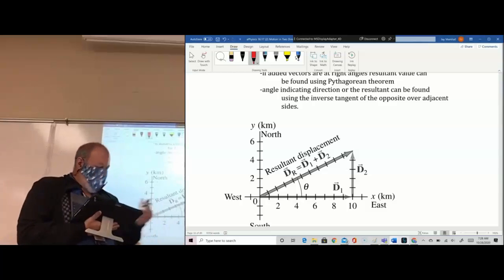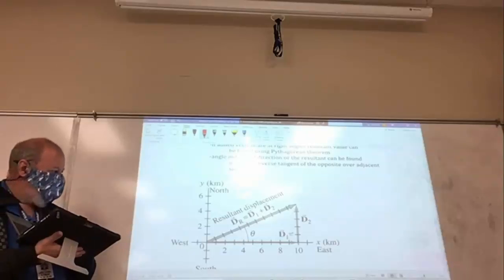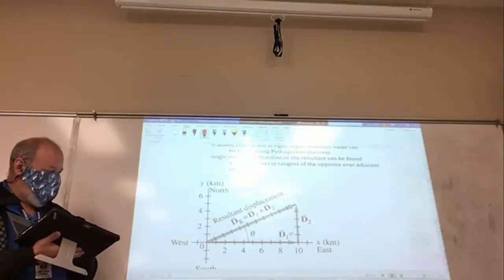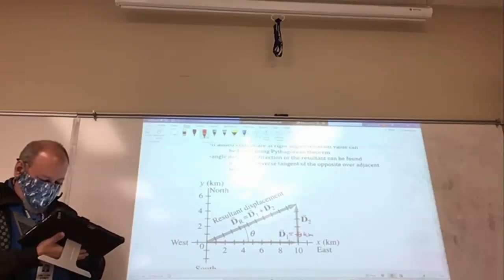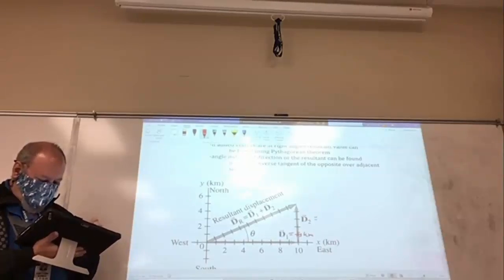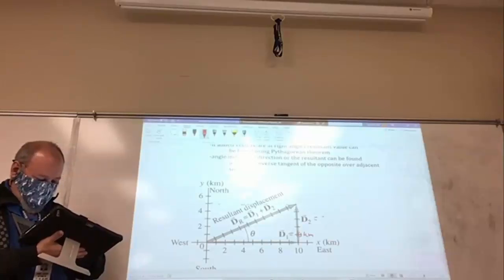And what's the value for D1? According to the graph, 10 kilometers. Okay, and the value for the other vector is? It's going to be 5 kilometers, right?